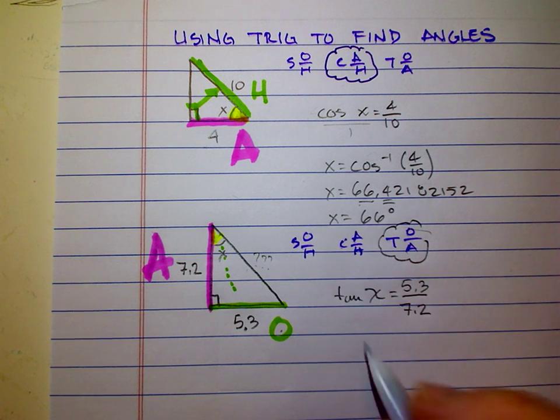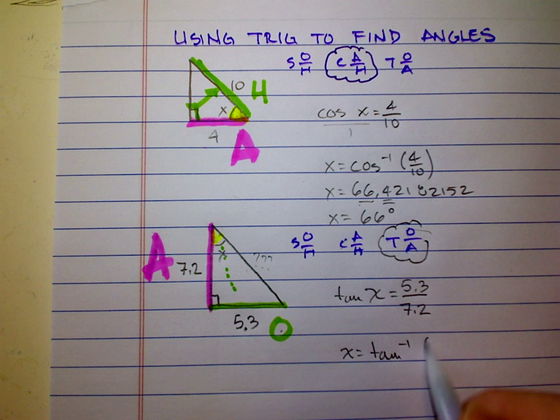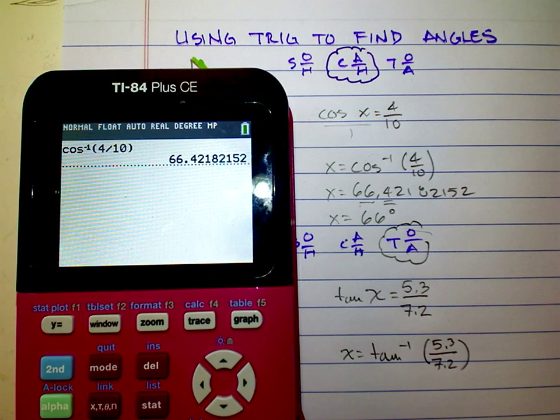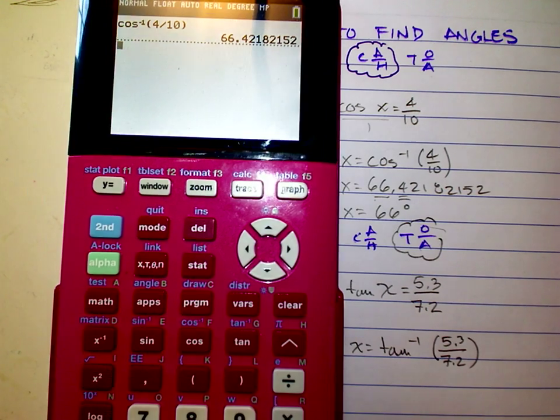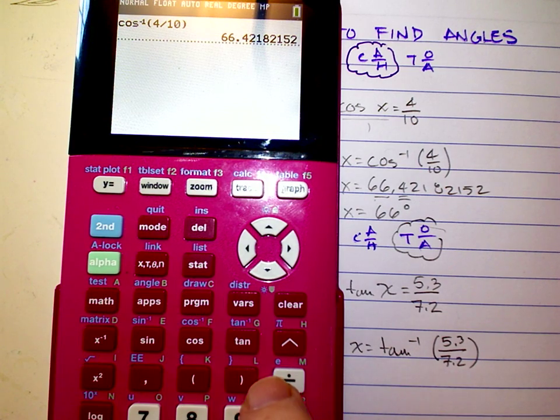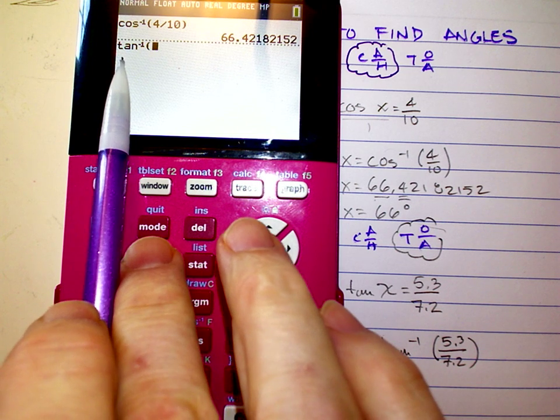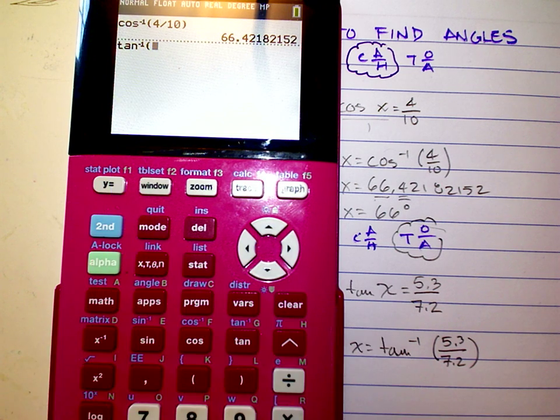Like we did before, in order to solve for x, we're going to have to use the inverse or arc tangent of this ratio, 5.3 divided by 7.2. I'll go to my calculator, press second tangent. You'll see that we have now the inverse or arc tangent, and then simply enter in, like we did before, the ratio as it appears.